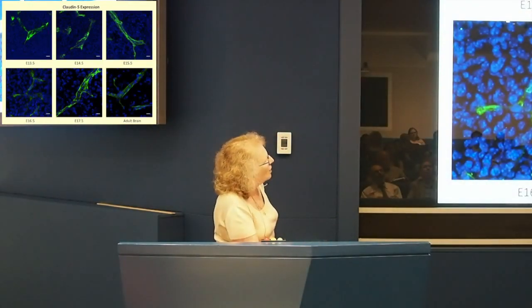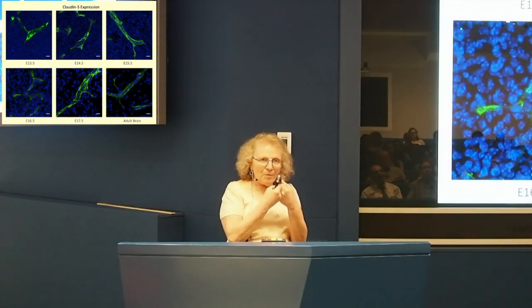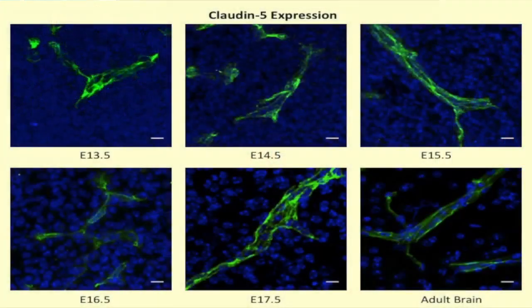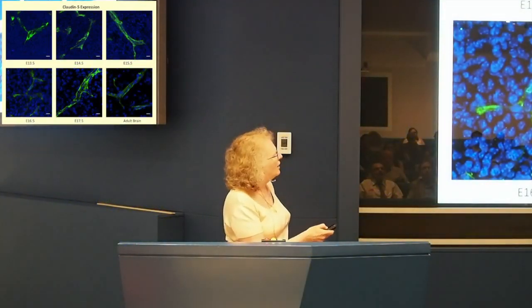If you look at expression of tight junction proteins, which are part of what forms the blood-brain barrier, I'm showing you claudin expression, but for any of the tight junction proteins, you can see that they're expressed way earlier than there is a competent blood-brain barrier.